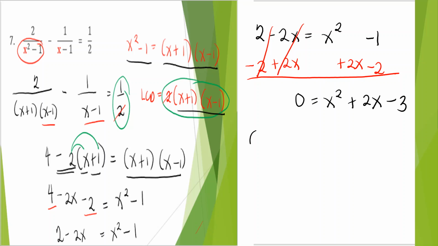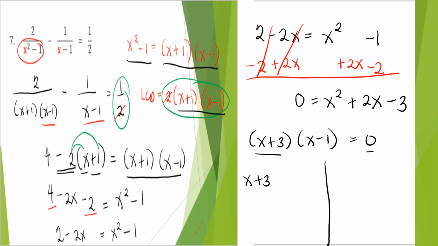So we have x plus 3 and x minus 1 is equal to 0. Then let us solve for x. So we have x plus 3 is equal to 0 and x minus 1 is equal to 0. So x is equal to negative 3 and x is equal to positive 1.